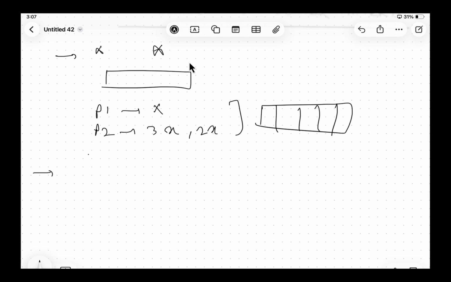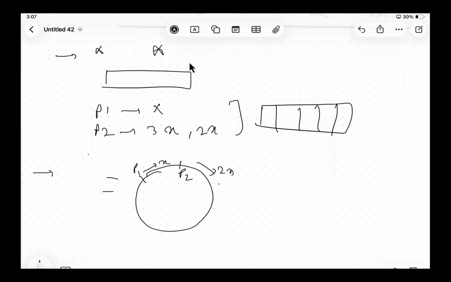So if there is any loop, the intuition comes from this: suppose there are two runners running on a ground which has a circular periphery. One person is moving at x speed, and the second person is moving at 2x speed.